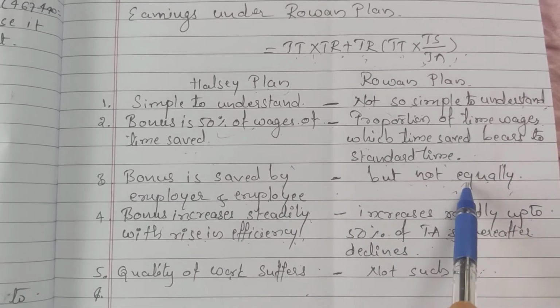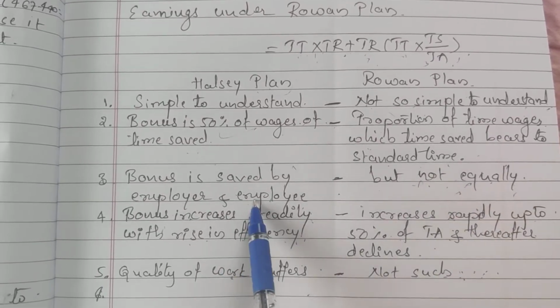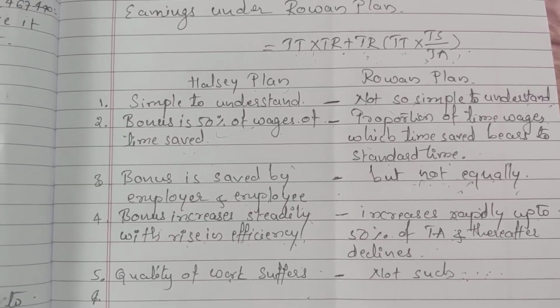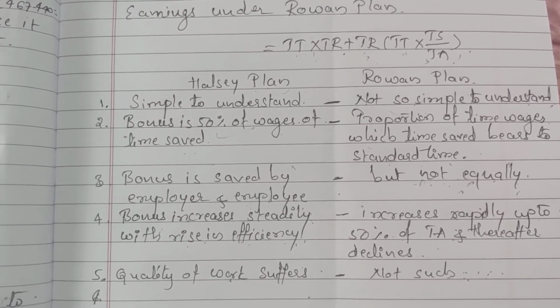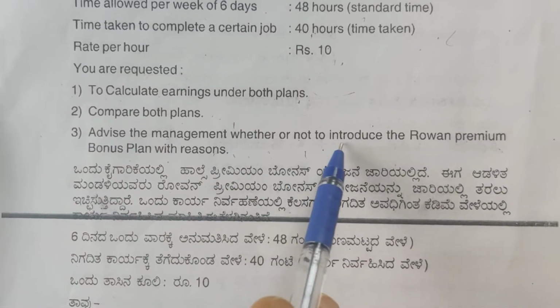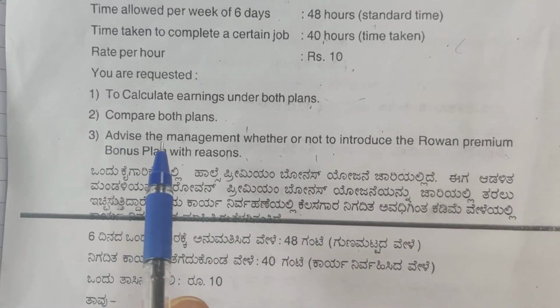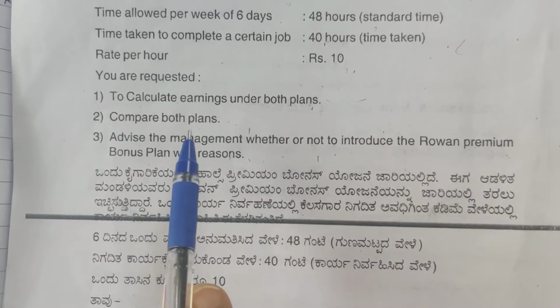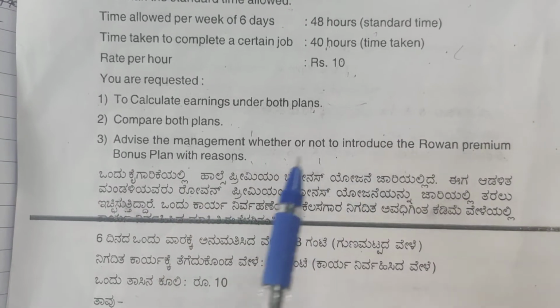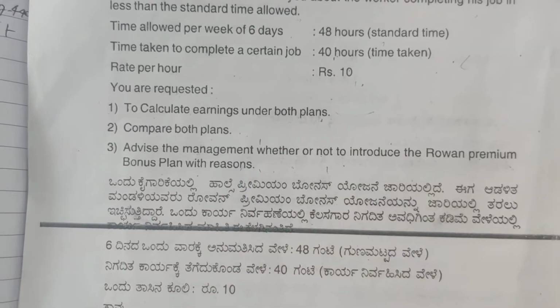Therefore, that is the comparison. Depending upon this, we are answering the third question asked in the case study: advise the management whether or not to introduce the plan. If you are adopting it, you have to give the reason why; if you are not adopting, then also you have to give the reasons.